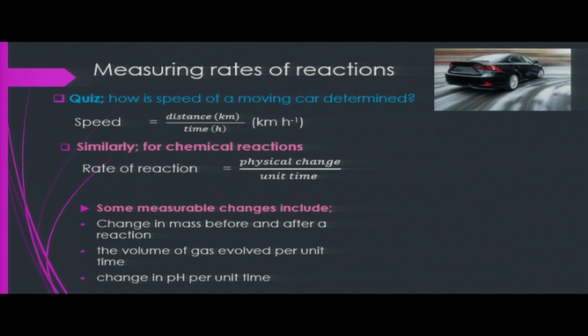When we are looking at rates of chemical reactions, there are a lot of measurable changes that one can follow, but the prominent ones are change in mass before and after a reaction, or change in mass as the reaction is occurring. You can look at the products, for instance, the volume of the gas produced per unit time. You can look at other quantities like change in pH. That would be for the case of acid-base reactions.